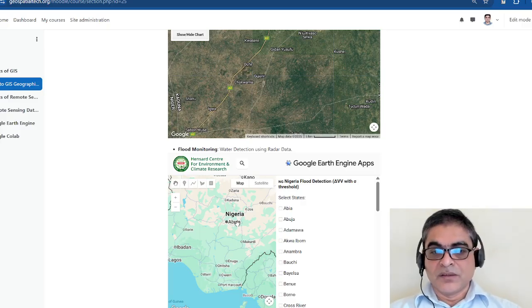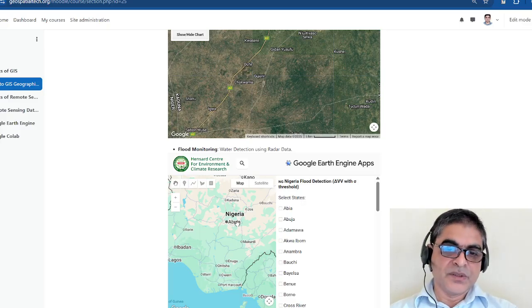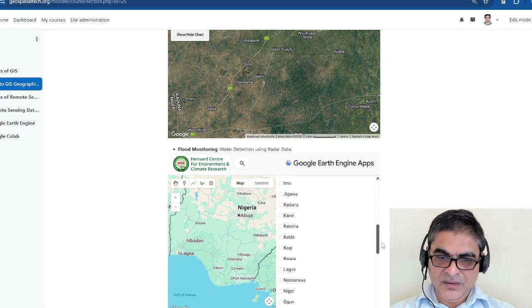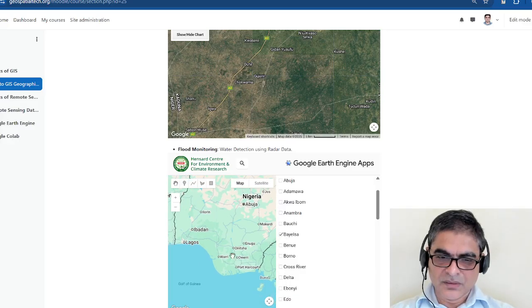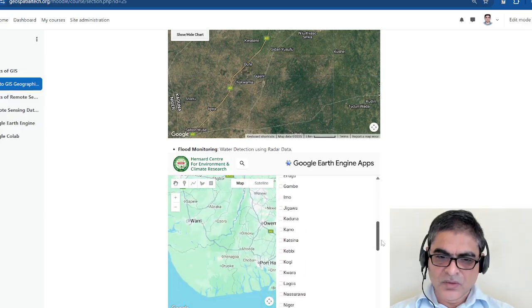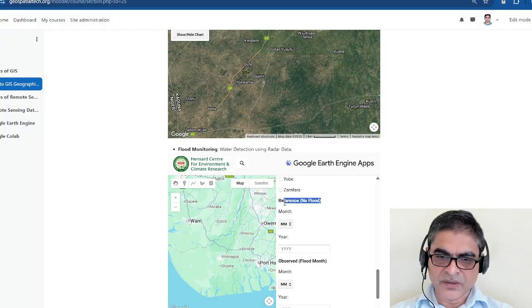So I use that energy, and we will discuss in detail in chapter 4 how we can do that. Let me demonstrate. I know there was a flood in Velsal state. You have to choose two dates here: one date when there is no flood and a date when there is a flood.